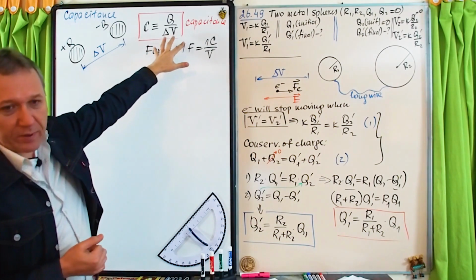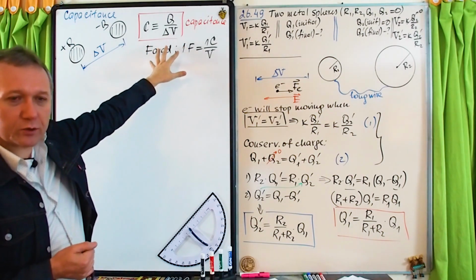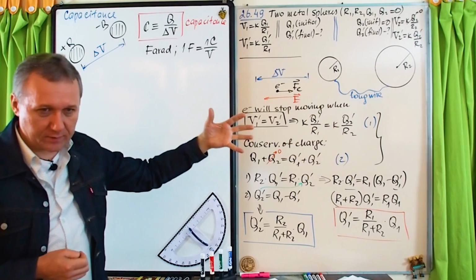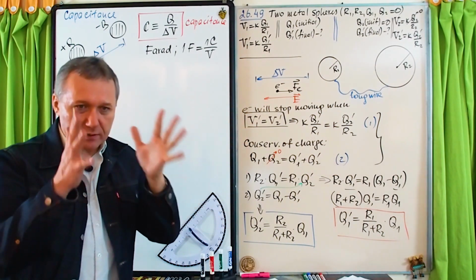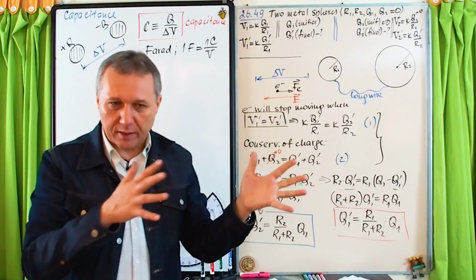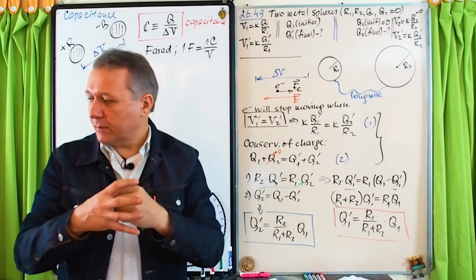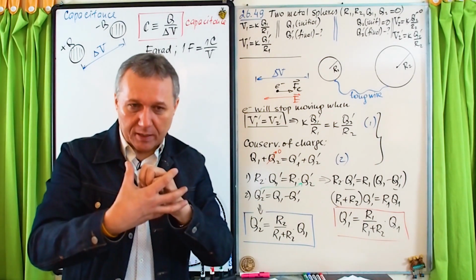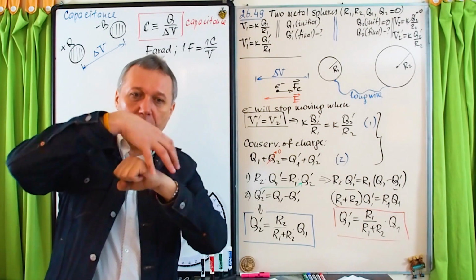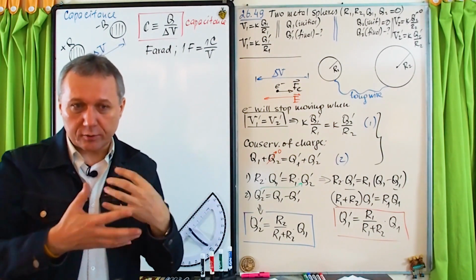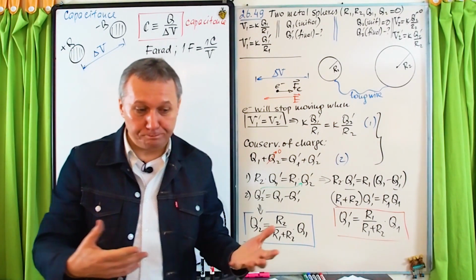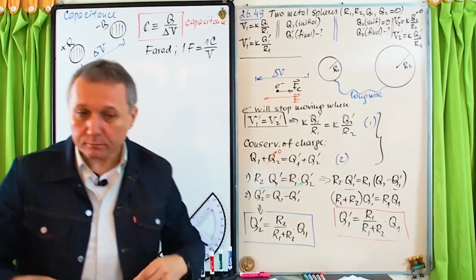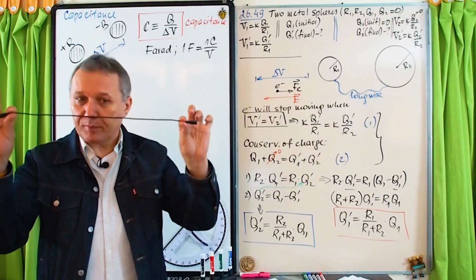this is the definition of capacitance in general. You can apply it to find the capacitance of any system. Of course, the simplest one is the parallel plate capacitor. We will derive it. Then there are spherical capacitors, when we have one sphere and another concentric sphere, or a cylindrical capacitor. You can find the capacitance of a piece of wire.